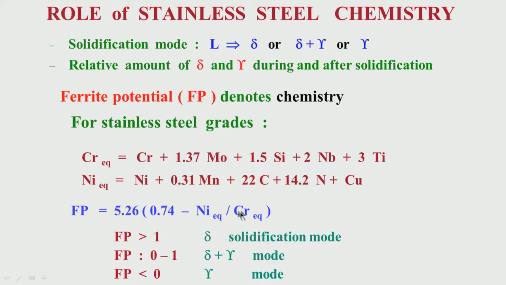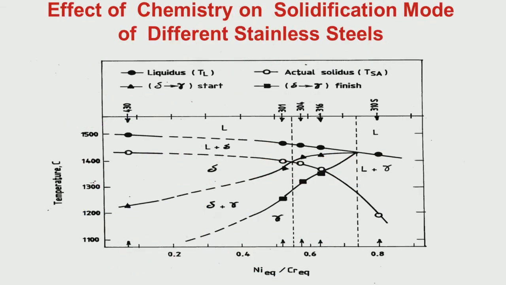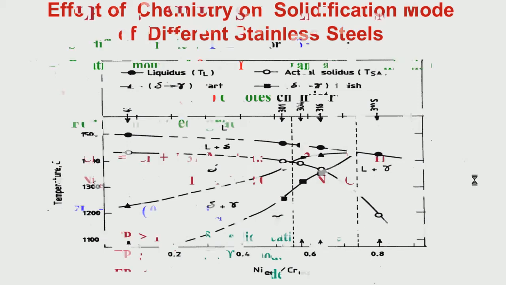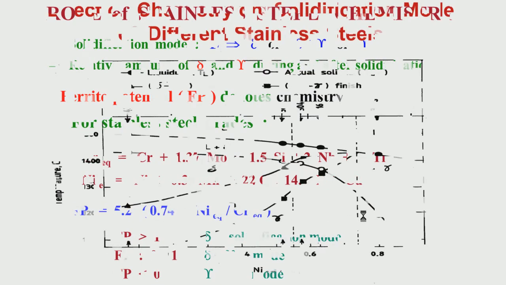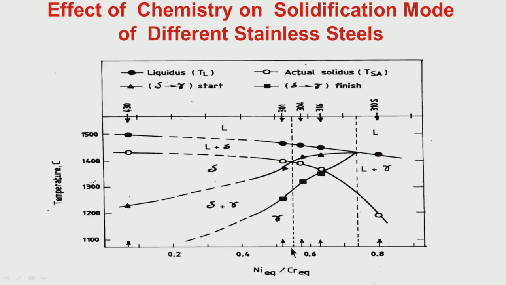If nickel equivalent by chromium equivalent is, say, less than this figure 0.55, then what happens? If you multiply 5.26 into 0.74, this is the figure. So when you go to a nickel equivalent by chromium equivalent less than 0.55, your solidification is totally delta.